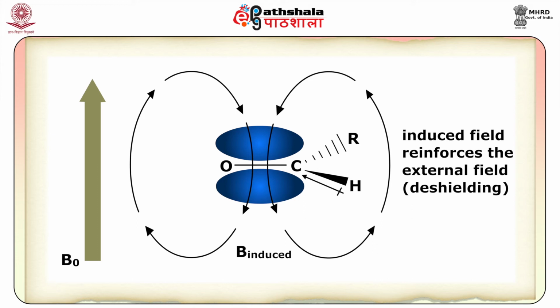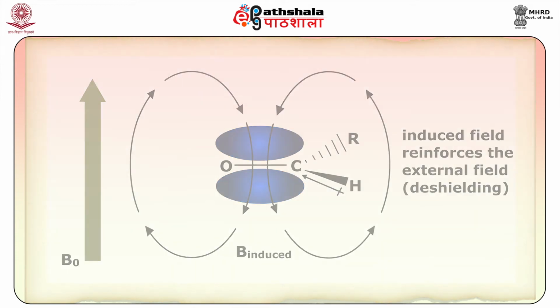Therefore, aldehydic protons experience greater field strength. You can call it the paramagnetic effect, and consequently it resonates at a larger value of chemical shift and causes deshielding. In addition, the high electronegativity of the oxygen atom also contributes to the higher delta value of aldehydic protons. This is clearly seen in the figure that you can see.